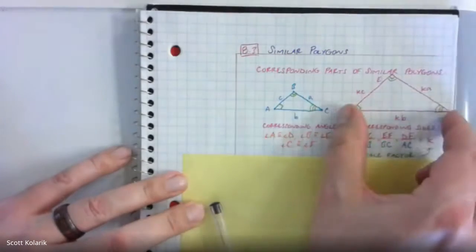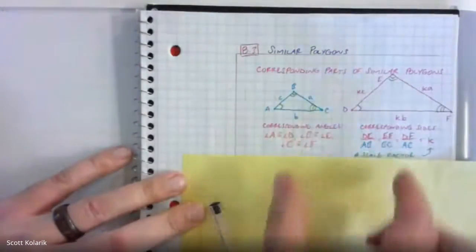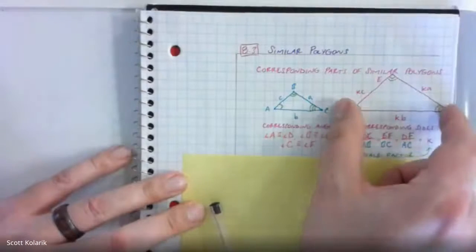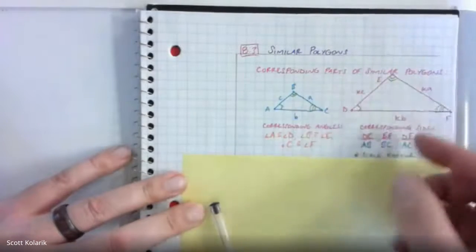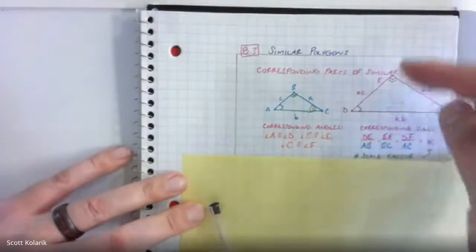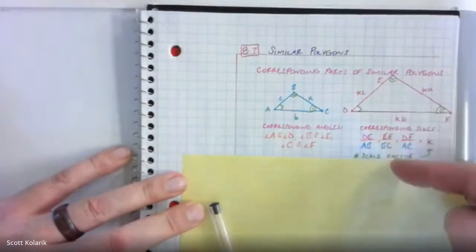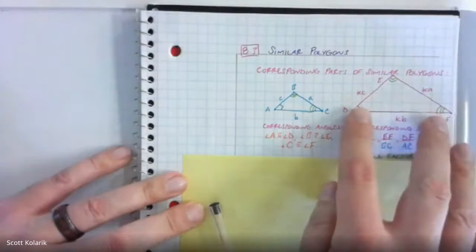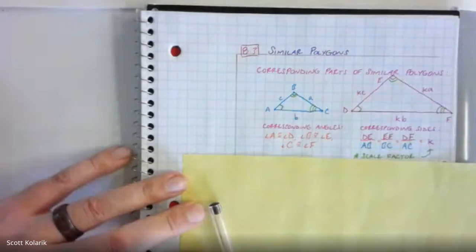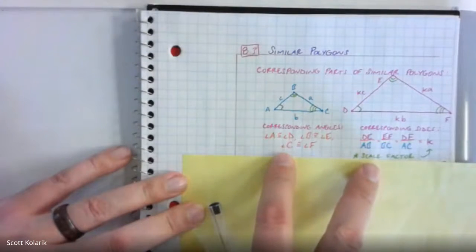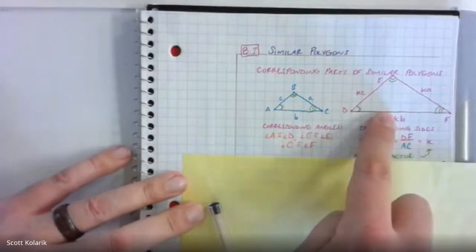I could take this and slide it somewhere else in the free space or coordinate grid. I could rotate it about something and turn this sideways. I could reflect this right here and flip it upside down and invert the shape down here. What will still be the case is if both the shapes are ultimately similar, both these rules will still apply. And it doesn't matter that they're oriented the same.